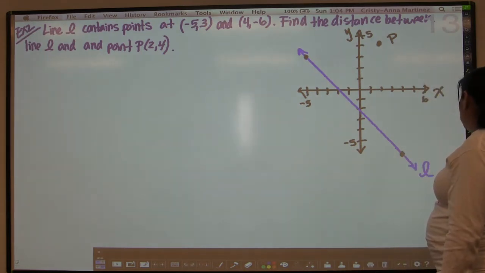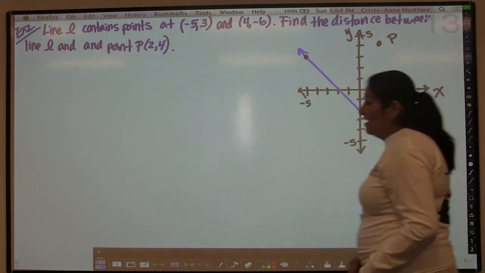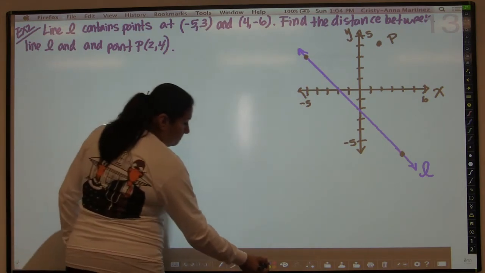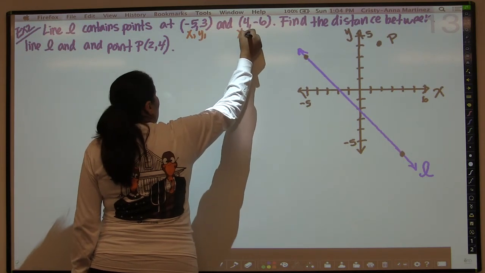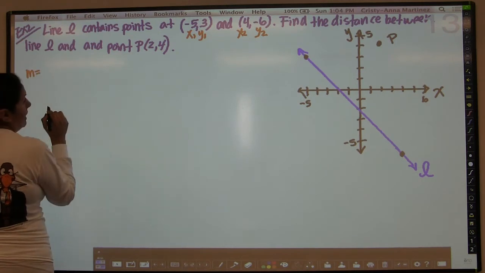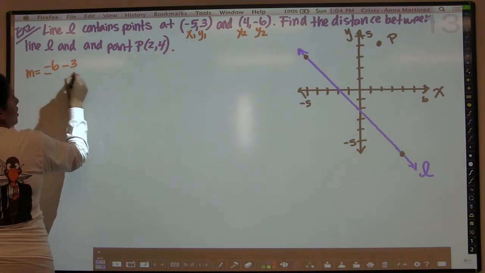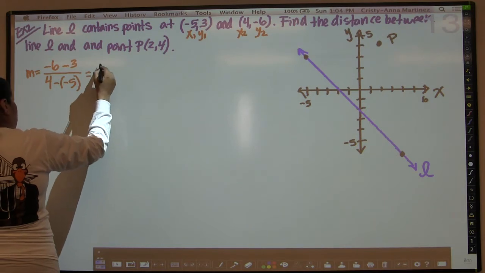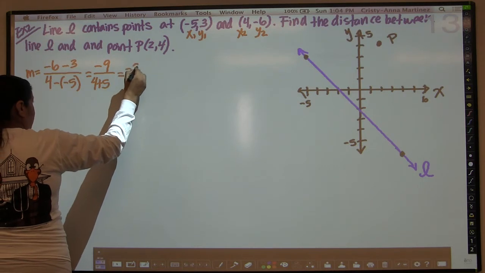Well, the first thing we have to do is to calculate the equation of line L. So that's going to be the first thing on our list to do. To do that, we're going to use the slope formula. We're going to label over here x1, y1, x2, y2. And our slope is going to be -6 minus 3 over 4 minus -5, which really means -9 over 4 plus 5, which is +9.